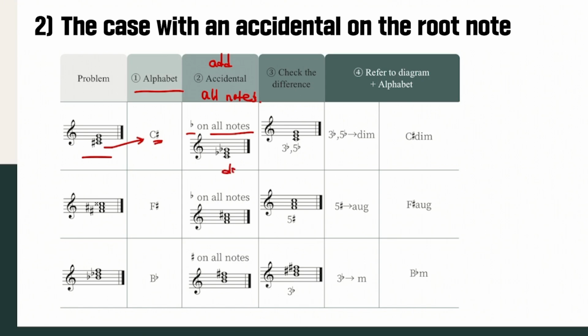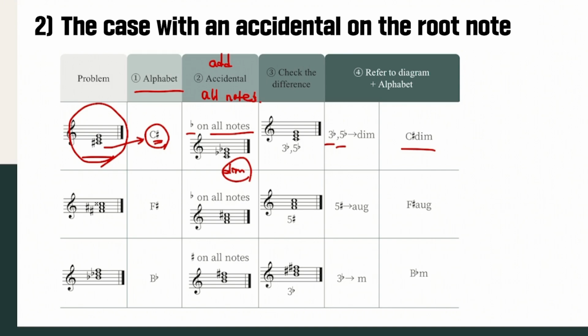It's diminished because of the flat on the third and the fifth. So you combine the root note and the quality together, and it becomes C sharp diminished. So the name of the triad is C sharp diminished.